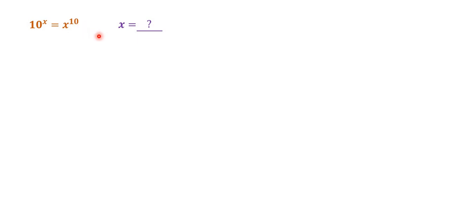The question is, is 10 the only solution for this equation? Let's think about this. When x is equal to 1, the left side is 10 to the power of 1, which is 10, and it is greater than the right side, 1 to the power of 10, that is 1. When x is equal to 2, the left side is 10 to the power of 2, which is 100, and it is less than the right side, 2 to the power of 10, which is equal to 1024.